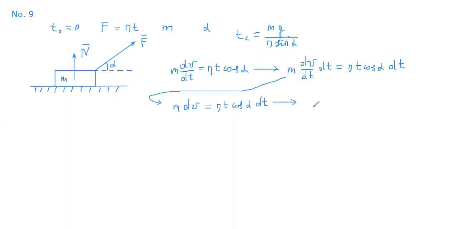We can take integrals. The integral of m dv is equal to the integral of eta t cos alpha dt.